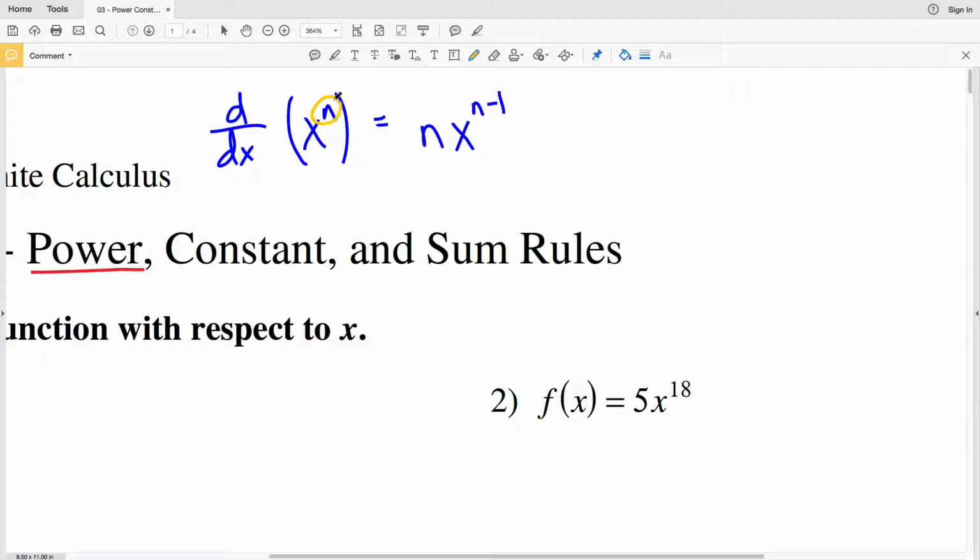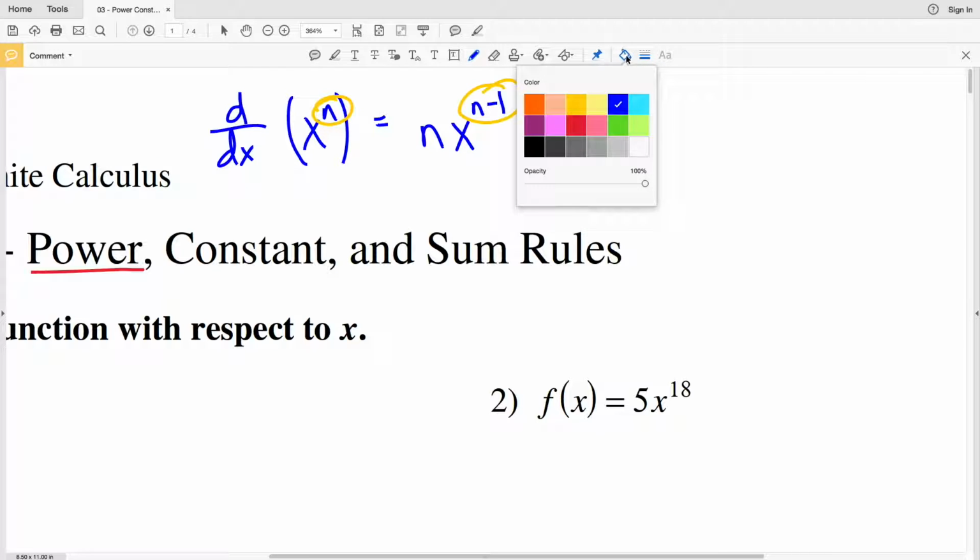So essentially, we're multiplying the coefficient of x by n. If the coefficient is 1, n will get multiplied by 1. If the coefficient is 2, n will get multiplied by 2, and so on. So we're multiplying that coefficient by n, and then we're decreasing that exponent by 1, and that is the derivative.